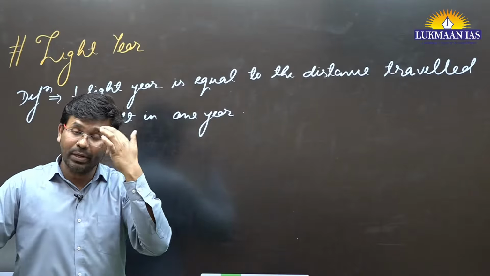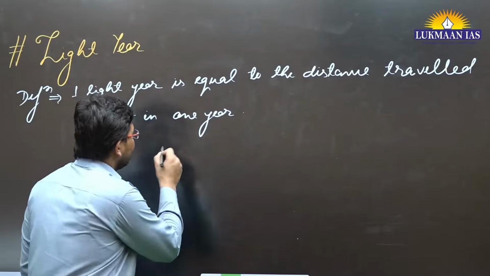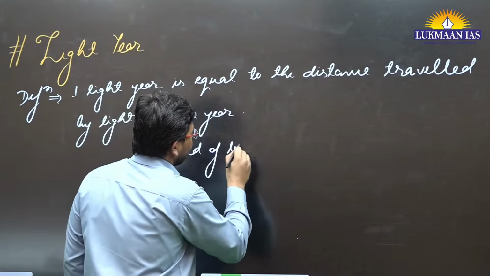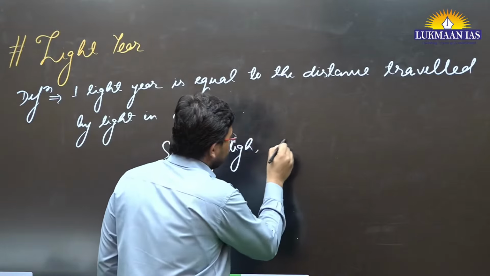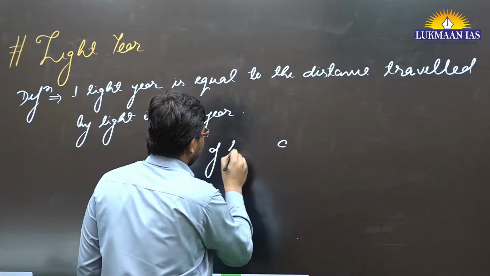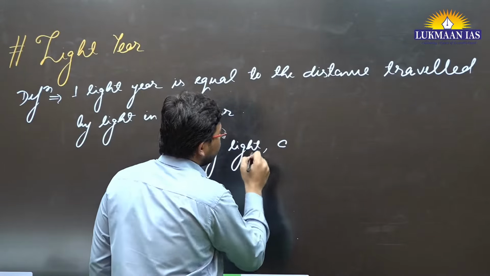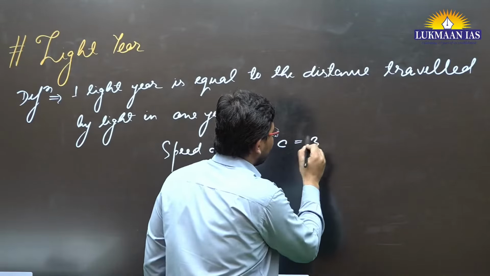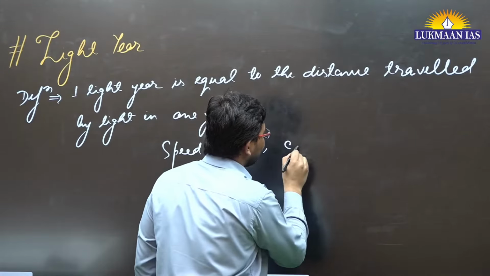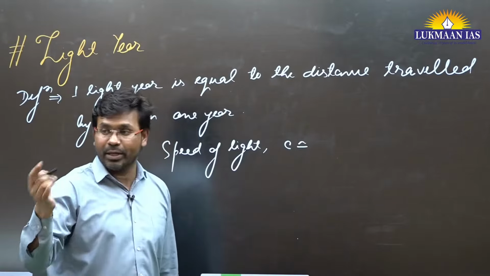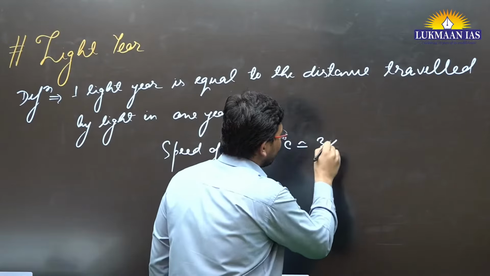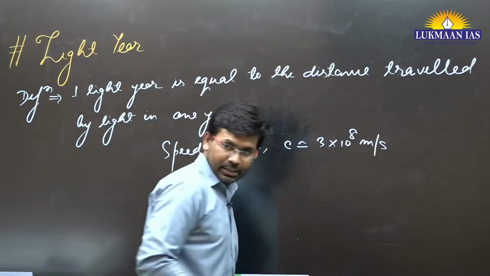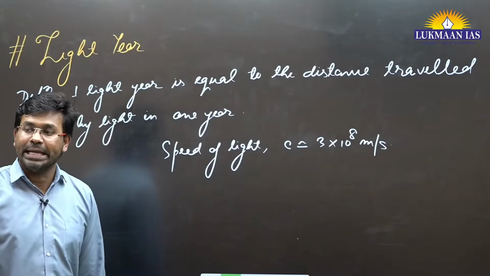So how do we calculate? What is the speed of light? The speed of light is denoted by the symbol C, and C is, it is not the exact figure, but we consider it to be roughly equal to 3 into 10 raised to power 8 meter per second.